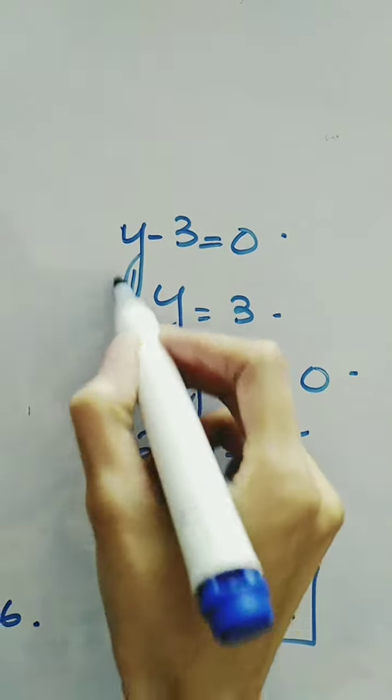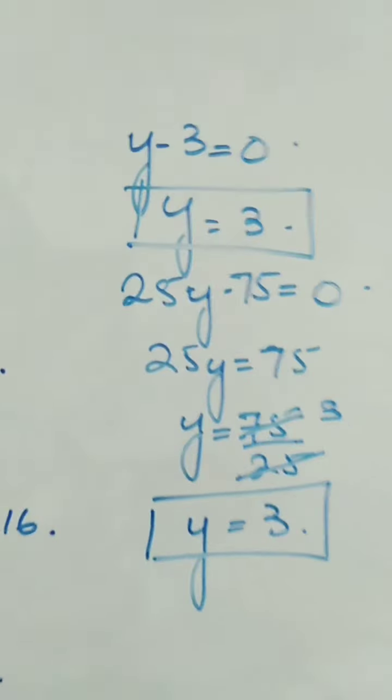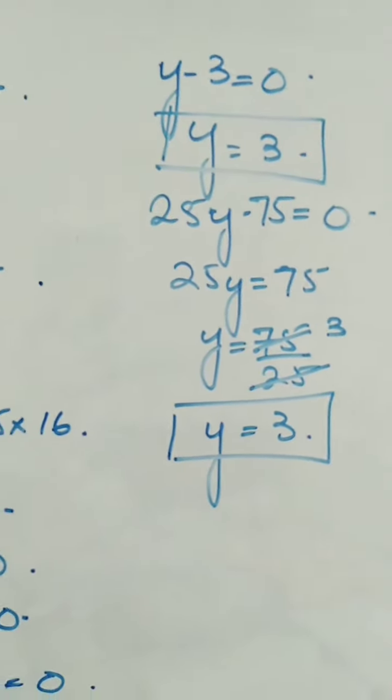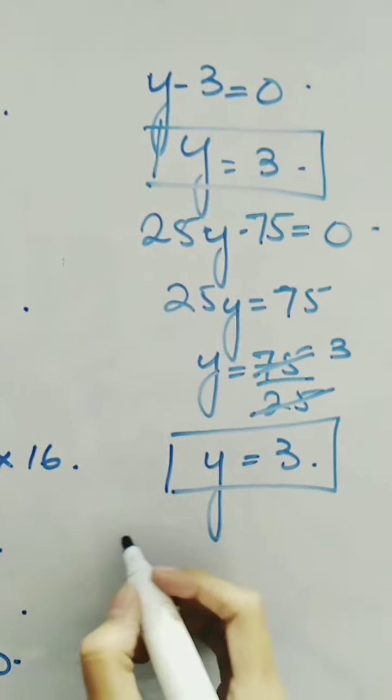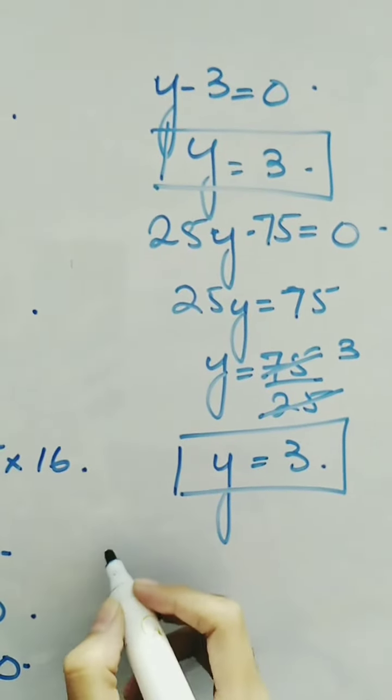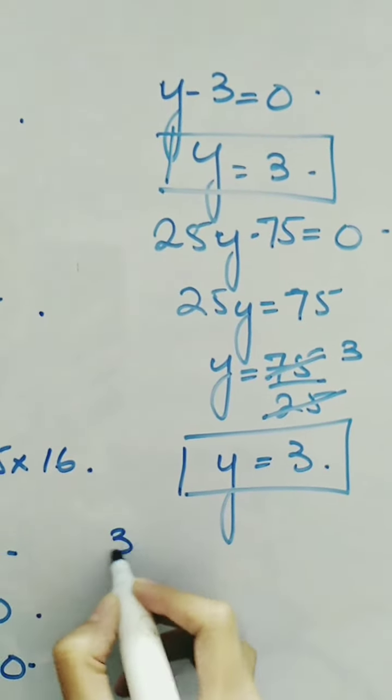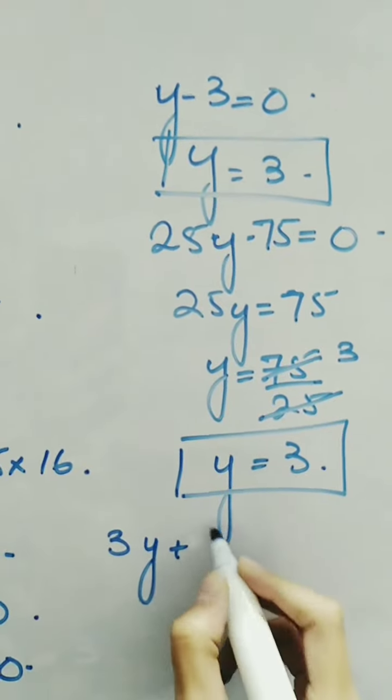So we will have only one point of intersection for the given equation of curve and straight line. By putting this value of y in any equation, we will have the value of x.